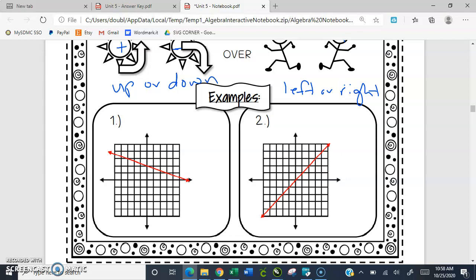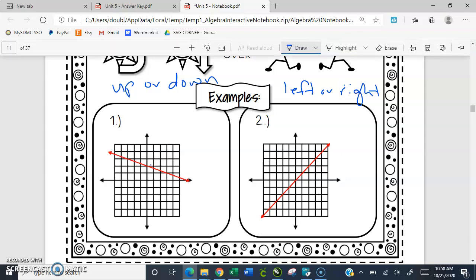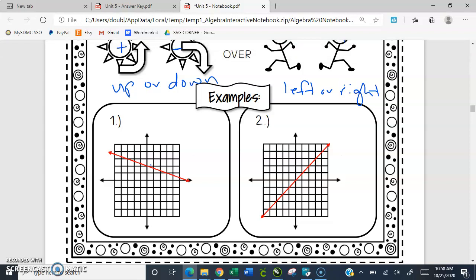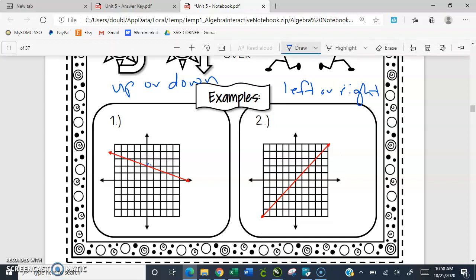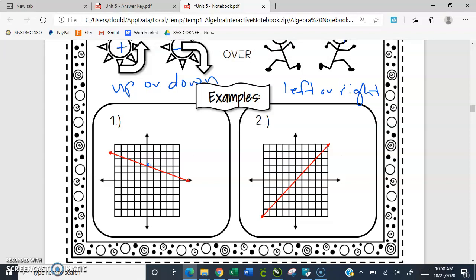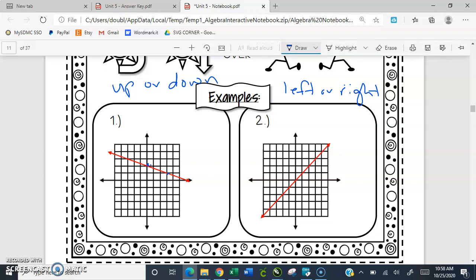Now we see the red line here on the first example problem, and we want to pick 2 points where it intersects on a line. I'm looking here and I see it intersects on our y-axis right here, and then I see it intersects right there.